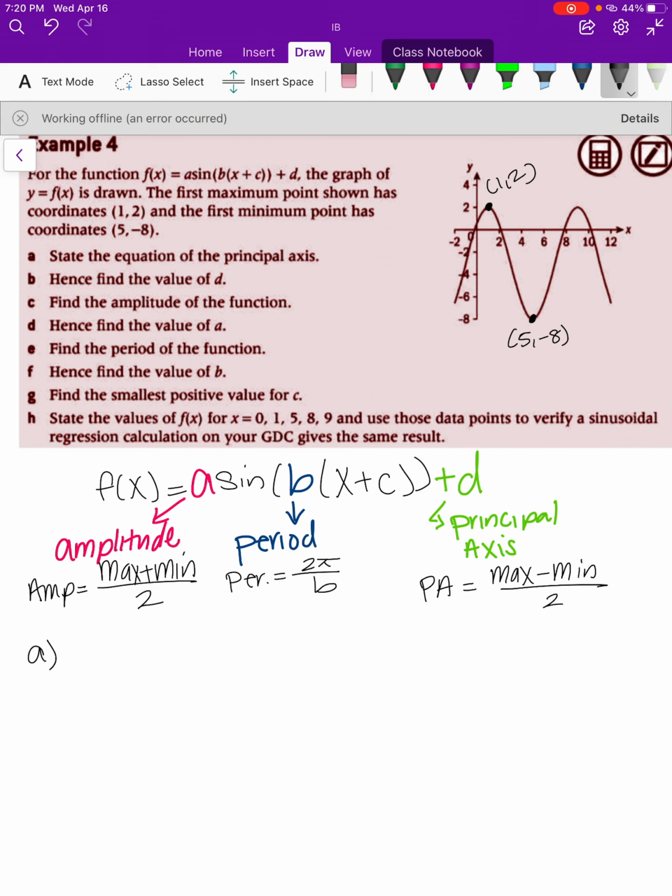This problem tells us for part A, state the equation of the principal axis. Well, your principal axis is the middle, so to say, of your wave function.